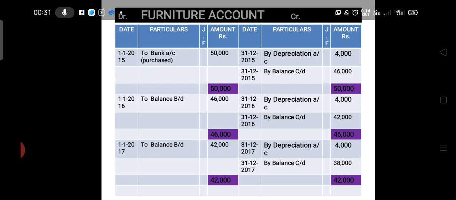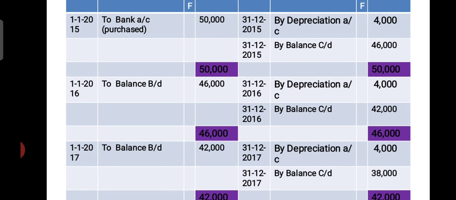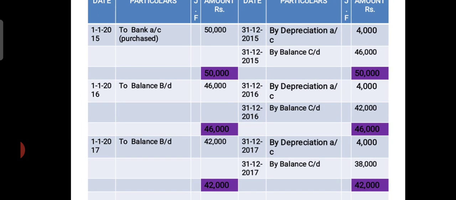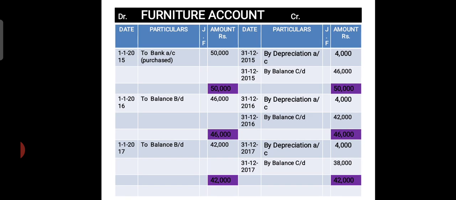But in this problem we are asked to prepare the asset account for 3 years. So here we prepared the asset account for 3 years, first year, second year, third year. If you observe this account, you will notice one thing, that the depreciation amount is charged equally every year.